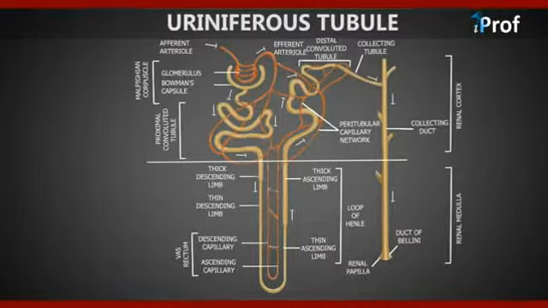This part is situated in the renal cortex of the kidney, and that loop of Henle, duct of Bellini, renal papillae are situated in renal medulla of kidney, so that is the diagrammatic representation of the nephrons.